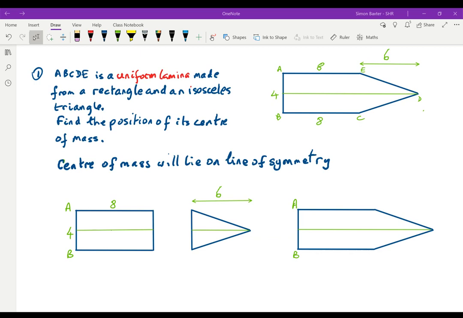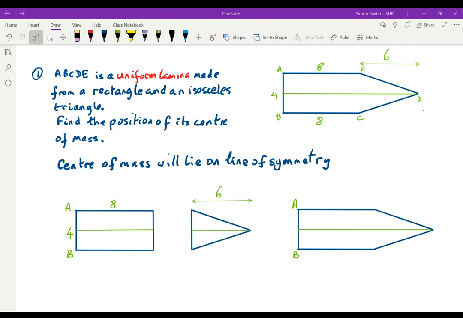I expect to see this diagram or equivalent for the solution of every question. It helps you to stay under control, and it makes it much easier for the person who's reading it to see what's going on. Well, firstly, let's look at the rectangle. We would expect the mass of the rectangle to be concentrated at its center of mass. That is what we've been looking at in other videos.